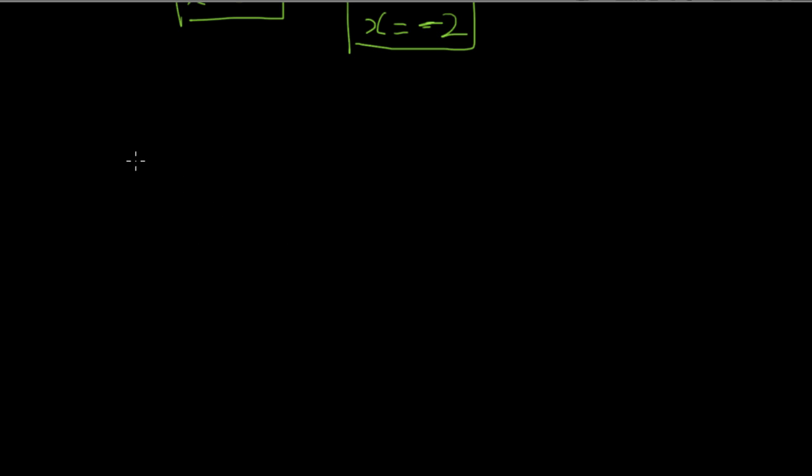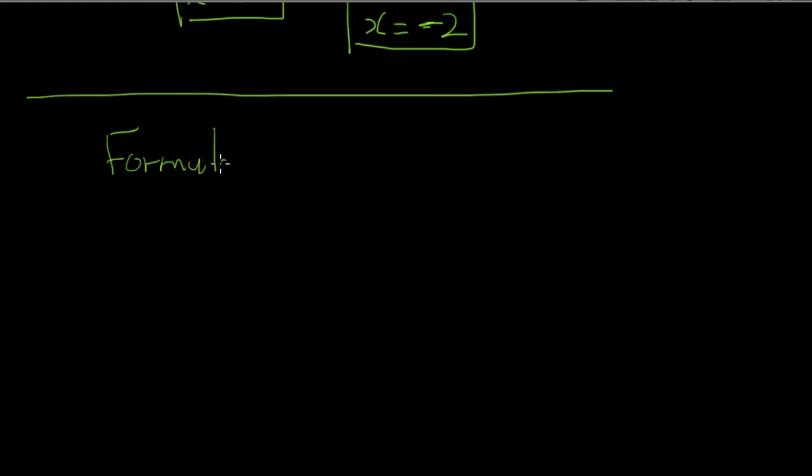But once you memorize it and know how it works, then you don't actually have to carry out a lot of calculation in order to get to the answer, right? So here are some formulas that I want you to memorize.